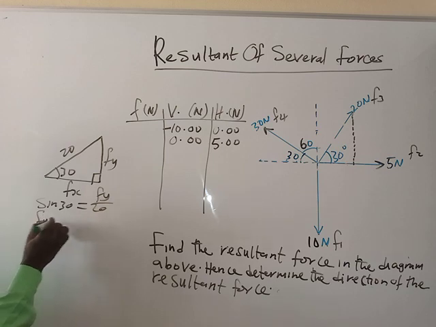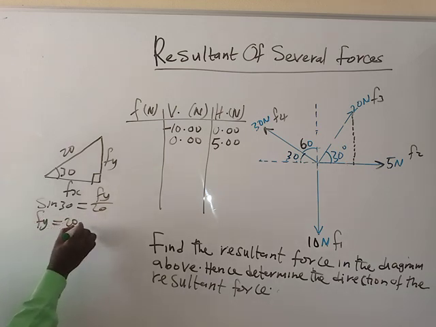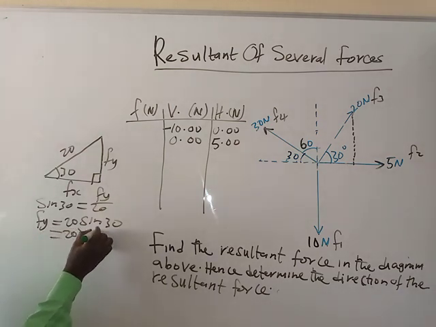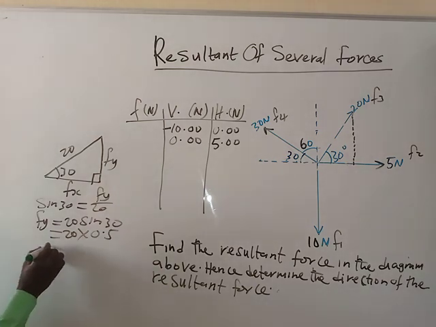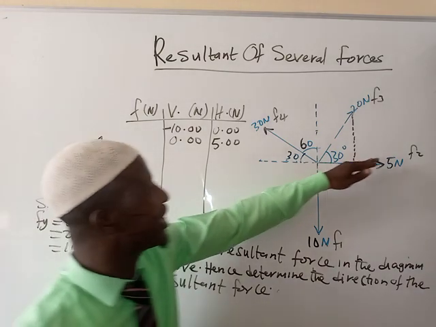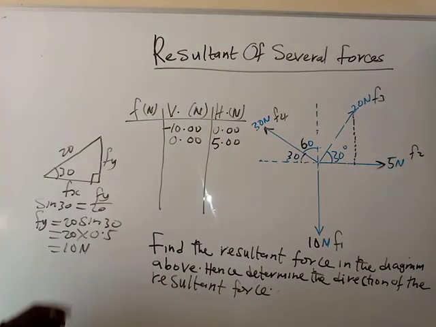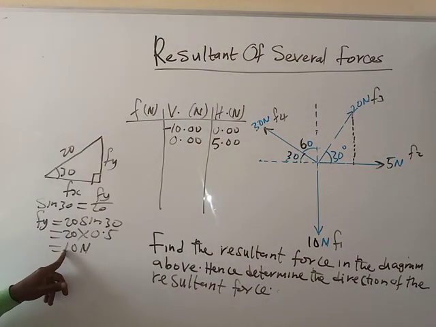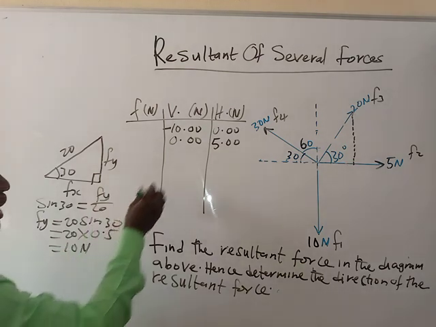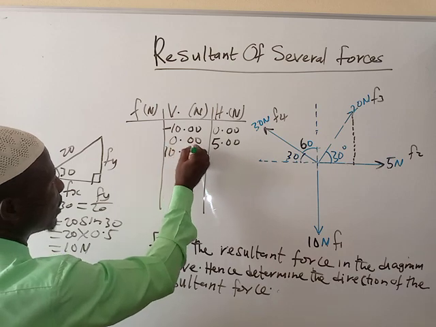Therefore, Fy is equal to 20 sine 30, which is equal to 20 multiplied by 0.5, because sine 30 is 0.5. So this one will give us 10 Newton. And if you look at that vertical component, it's up, therefore it's positive. So you don't need to add a negative. Go to vertical component and record this one, 10.00.